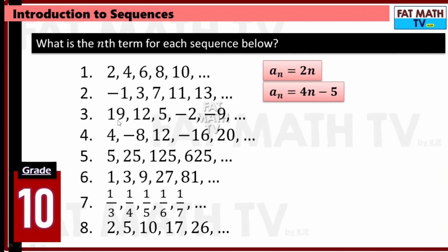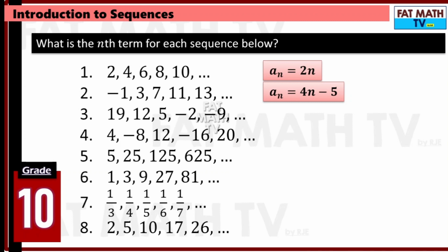Number 3: 19, 12, 5, -2, -9. As you can see, the numbers decrease by 7 as you move from left to right. So if you decrease by 7, there must be a -7n there. But the first term is 19. If n is 1, -7n will give you -7.